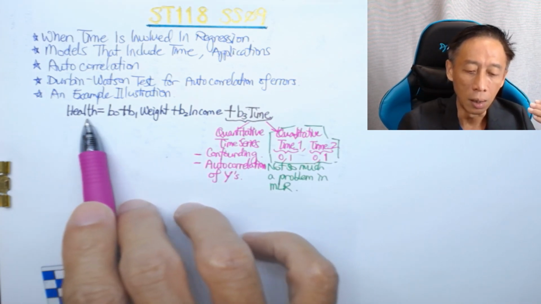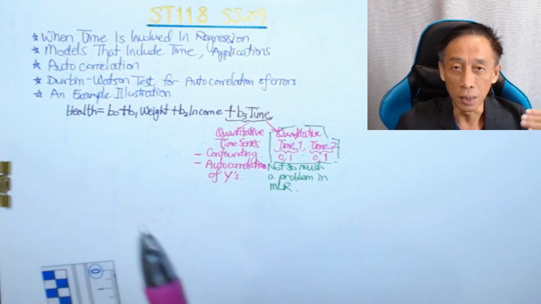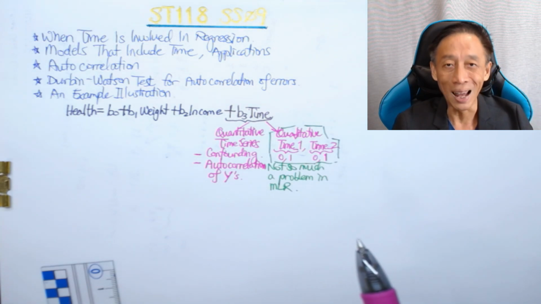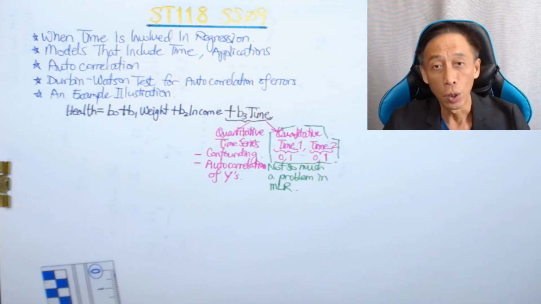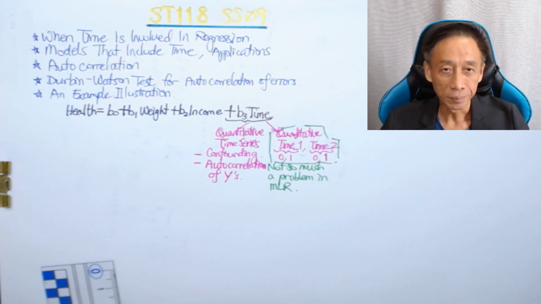Autocorrelation means the health is dependent on the previous measurement of health. So what's your health this month?